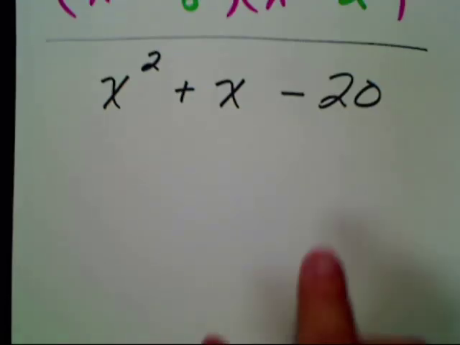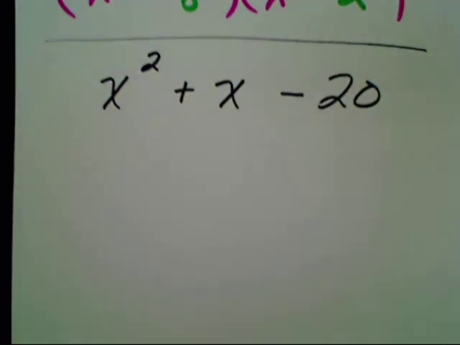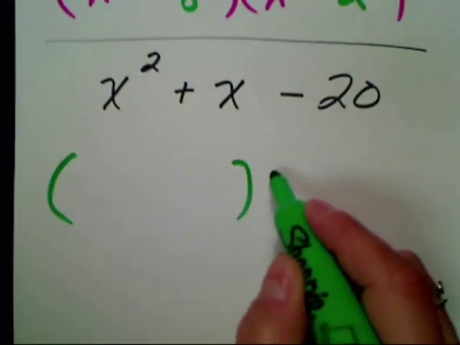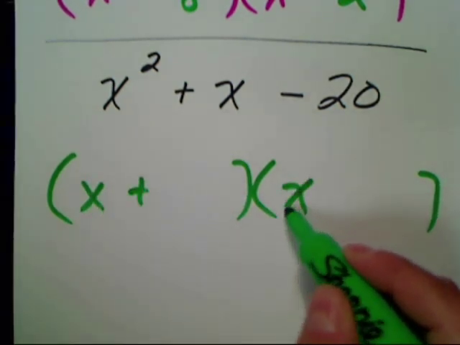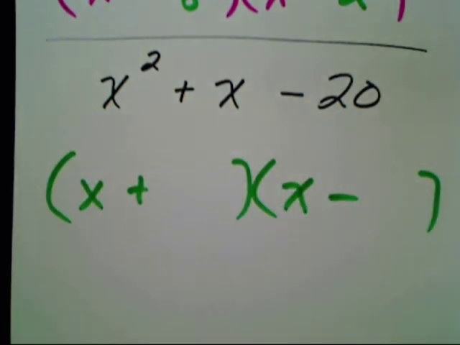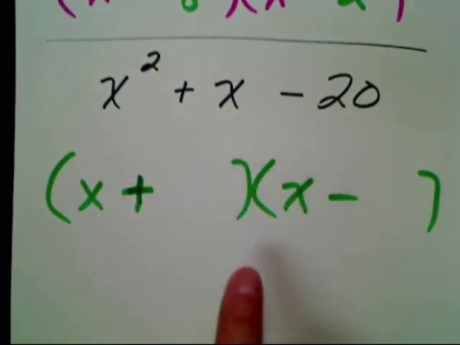If the sign on your c is negative, that tells us that in our parentheses, we're going to have one of each sign. One's going to be positive, one's going to be negative. And we have to be careful as to which number we put where, because that will change our answer. In this case, I need two numbers that multiply to 20 and add, or because we'll have one of each sign, subtract to 1.